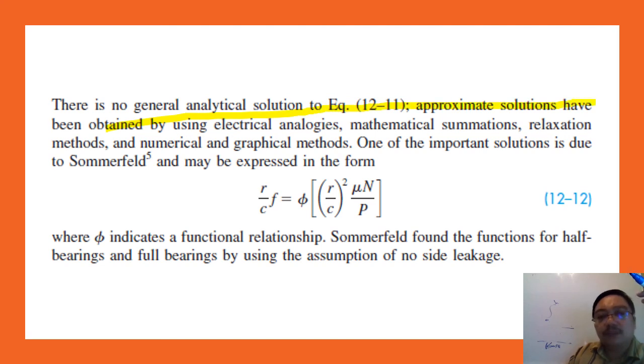There is no general analytical solution to equation 12.1. So approximate solutions have been obtained by electrical analogies, mathematical estimation, relaxation method, numerical and graphical methods. One important solution is due to Sommerfeld, which is expressed in the form of (r/c) f equals phi of (r/c) squared times μN over P. This is the Sommerfeld number.